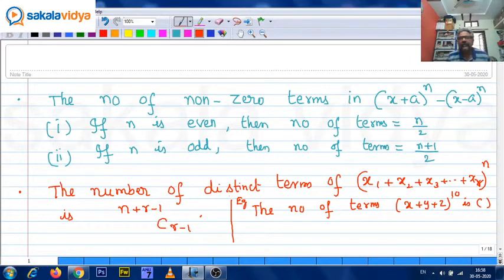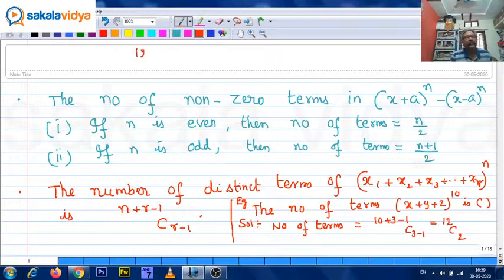Here, n equals 10 and r equals 3, since there are 3 variables. So the number of terms is n plus r minus 1 C r minus 1, that is 10 plus 3 minus 1, which is 12 C 2. 12 C 2 equals 12 into 11 upon 2 into 1, which is 66. 66 terms are there.